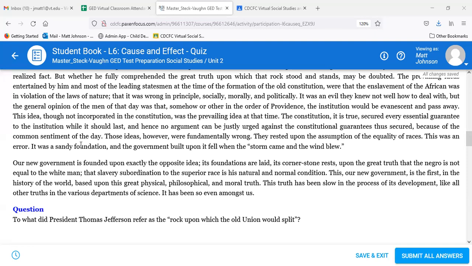This our new government is the first in the history of the world based on this great physiological and moral truth. This truth has been slow in the process of its development, like all other truth in the various departments of science. It has been so even among us.